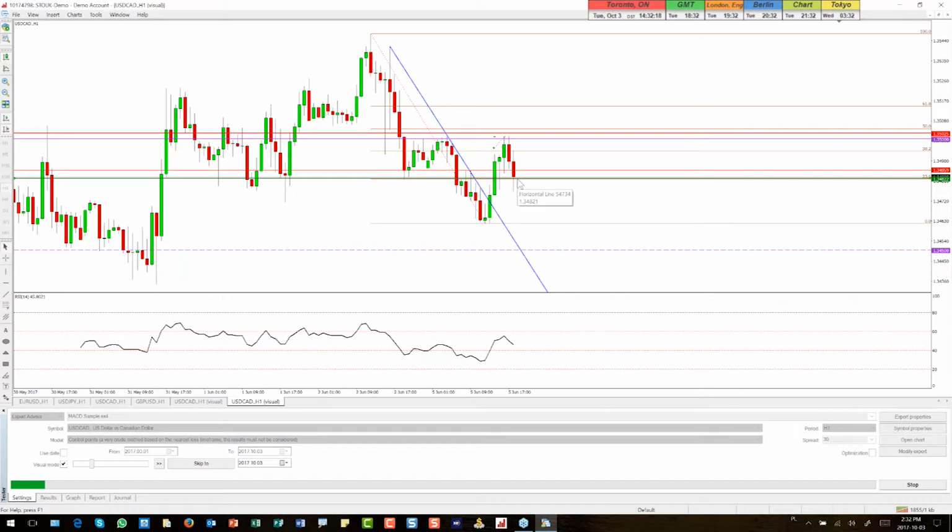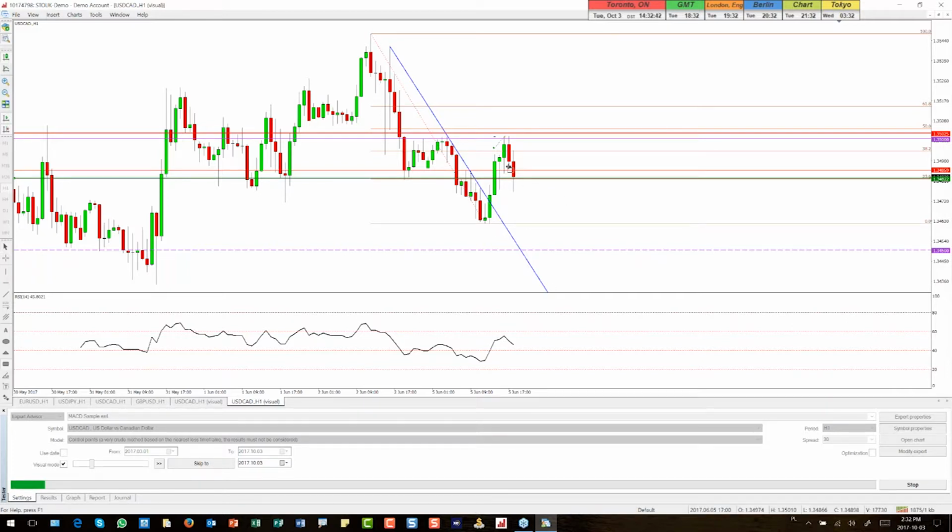Let's see how far this comes, and it's almost perfectly touching 50%. So as you can see, the 1.35 was a very strong resistance level, and see what happened next.